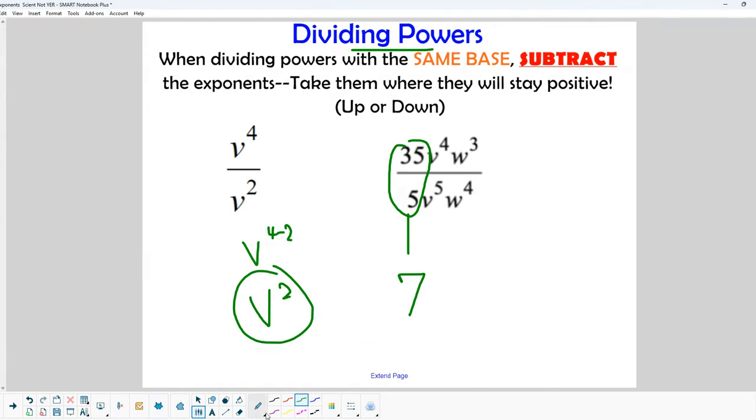Then on our v's, on the bottom we would have v to the first power, because there's one more v on the bottom than there is on the top. And on the w's, we would subtract 3 from the bottom as well, and we end up with w to the first on the bottom, because we subtracted the smaller one from the bigger one.